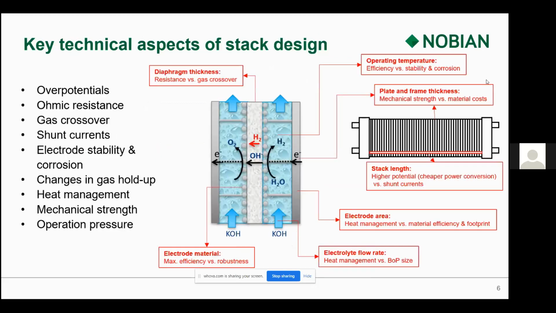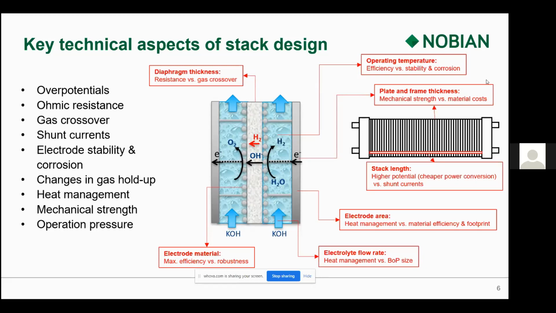Now, if you take these technical aspects, efficiency, flexibility, stability, you can again translate that to a number of key technical aspects within the stack. And then we're talking overpotential, ohmic resistance, but also gas crossover, shunt currents. It's probably something most of you have never heard of, but it is quite relevant if you start building electrochemical stacks, that the current actually goes through the stack and not around the stack.